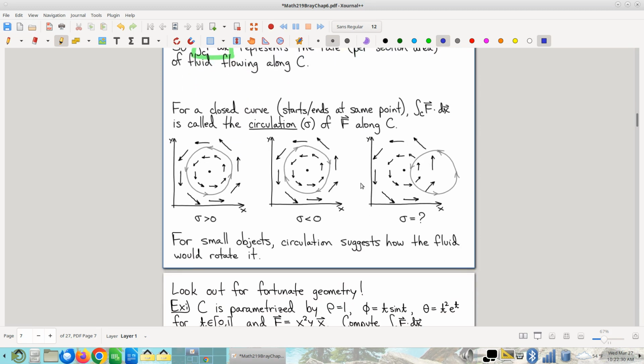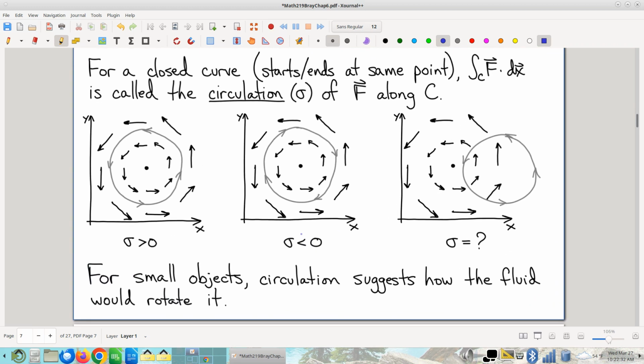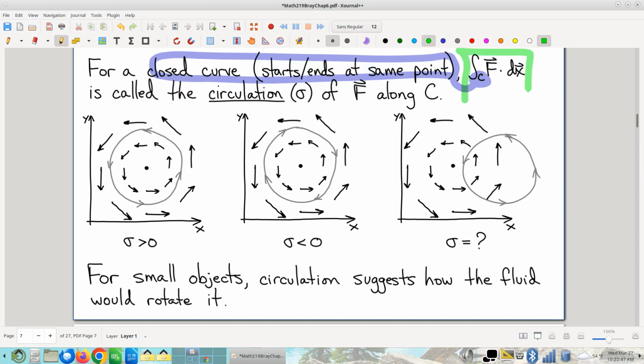And then we specified that to the case where you have a closed curve as your domain. Then we have a specific choice for what this represents. It represents what we call circulation.